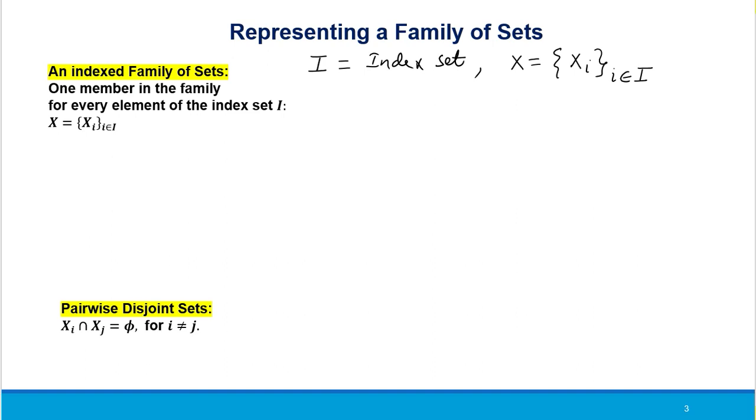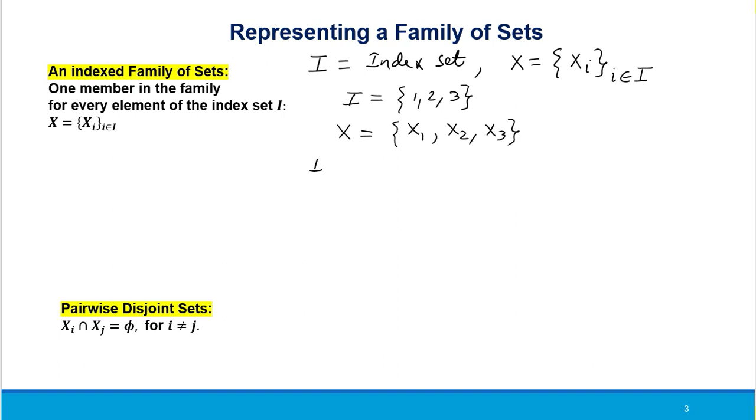For example, let I be {1, 2, 3}. Then the family X becomes X1, X2, X3.